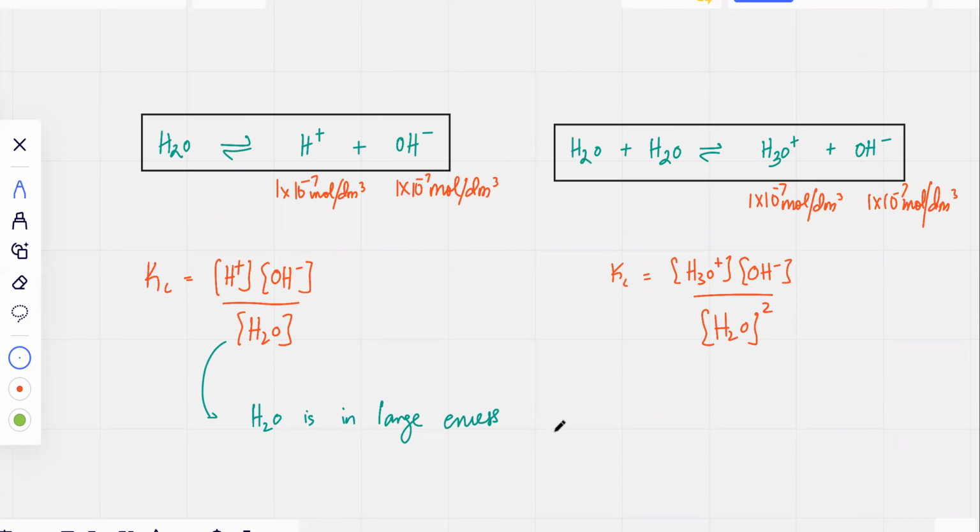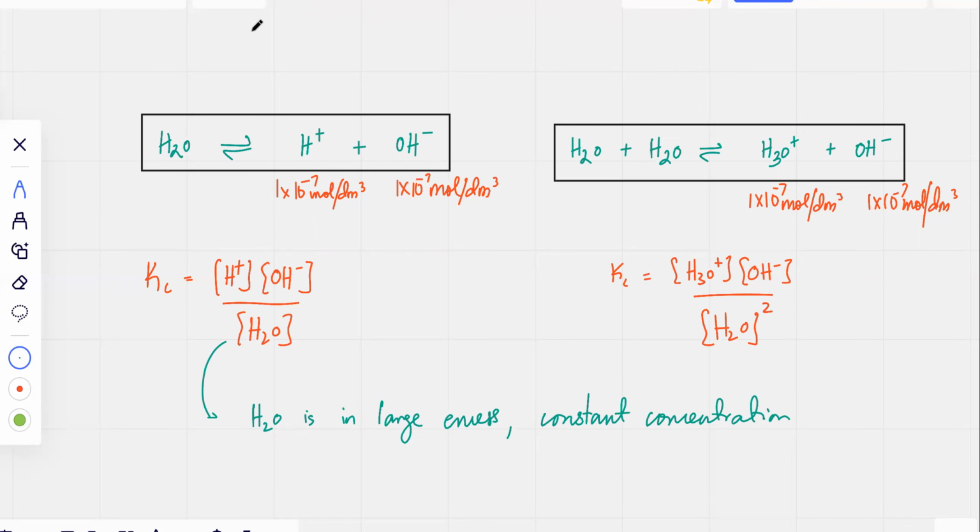So water is in large excess, and whenever it's in large excess, it has constant concentration. Like if it has 1,000 moles and 1 mole is produced, the quantity of water hardly changes. So it almost has constant concentration. Is this clear as well? Yes, sir.